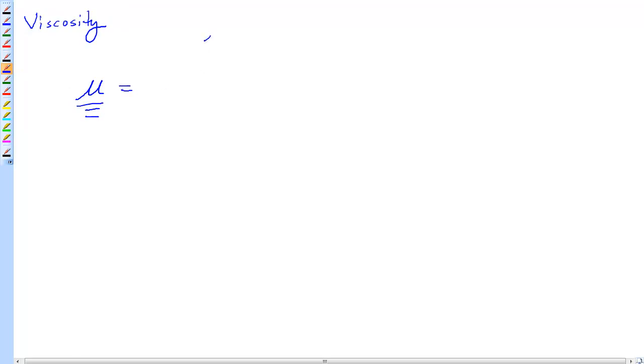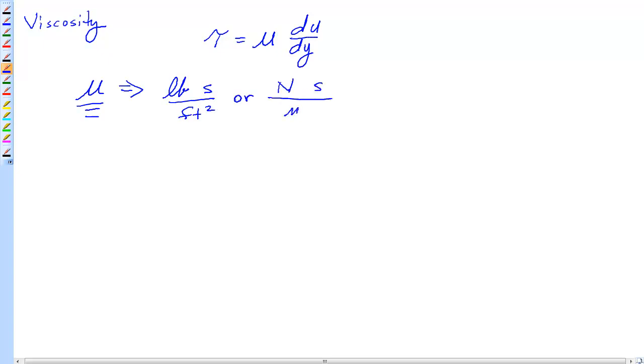It came from this equation, and the units are generally, we'll cover them in both, pounds second over feet squared, or Newton second over meter squared.